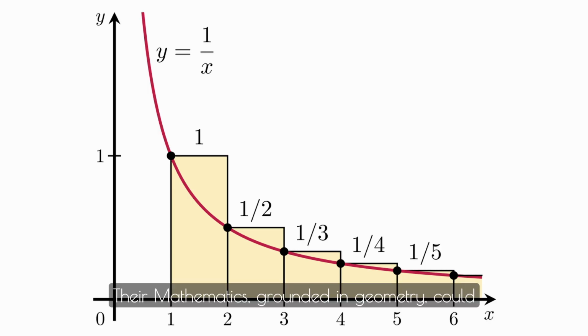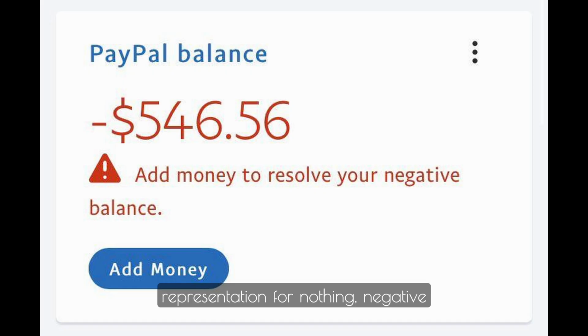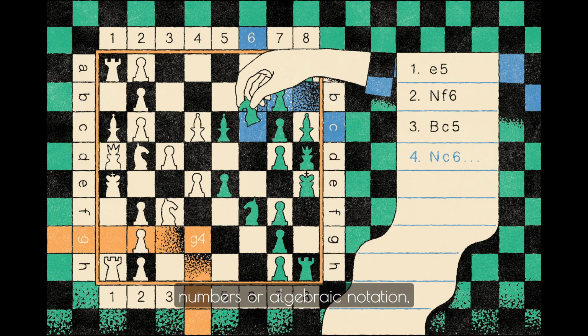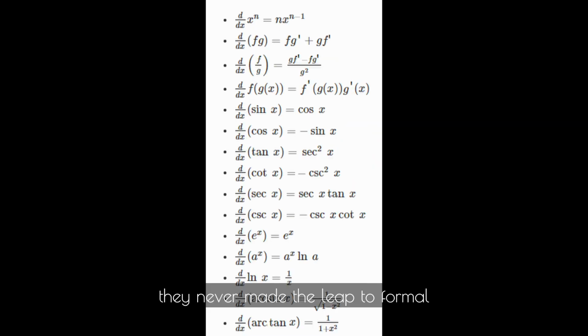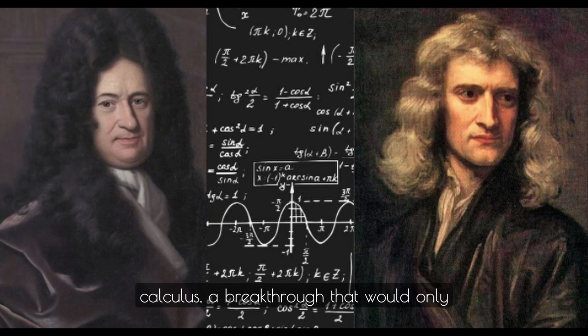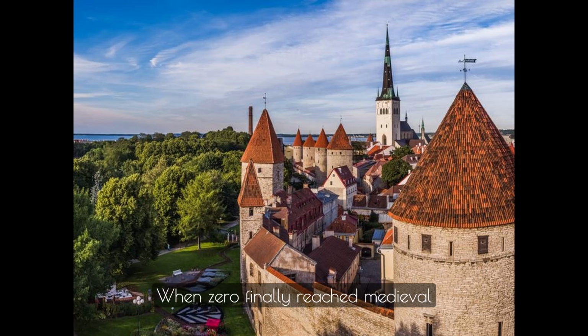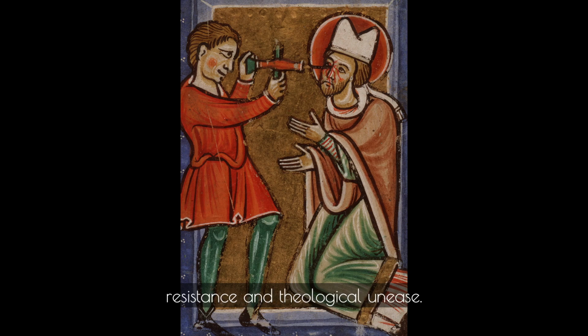Their mathematics, grounded in geometry, could describe infinitely small quantities in theory, but without a symbolic representation for nothing, negative numbers, or algebraic notation, they never made the leap to formal calculus, a breakthrough that would only come nearly 2 millennia later.